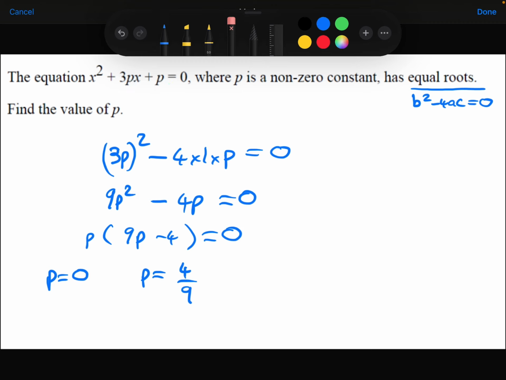If I wanted to know the actual solutions, I could use the full version of the quadratic formula, but that's not what this is about. This is just about finding the values of p that would make the equation have an equal root. The other thing about this question is the fact it says non-zero, so I'm going to eliminate the fact that p is equal to 0, and therefore p is equal to 4 over 9.